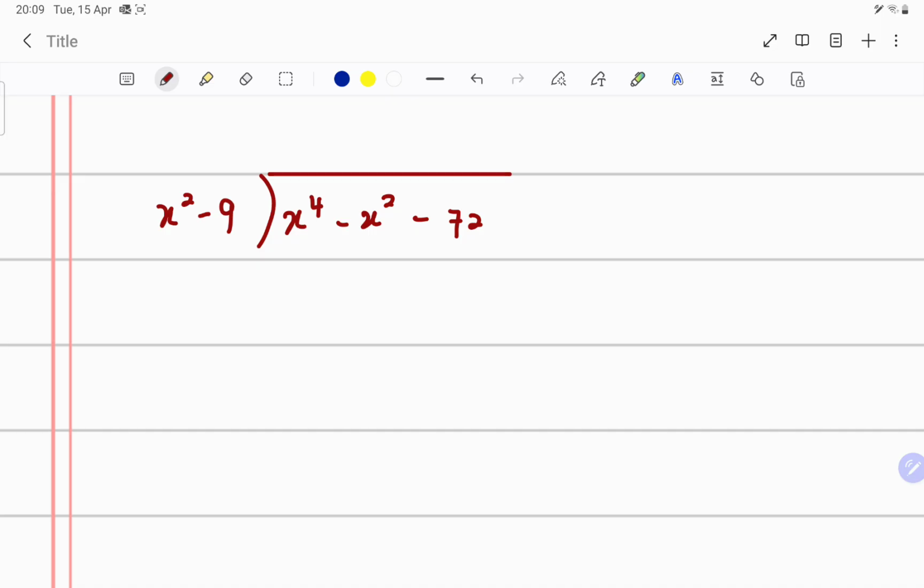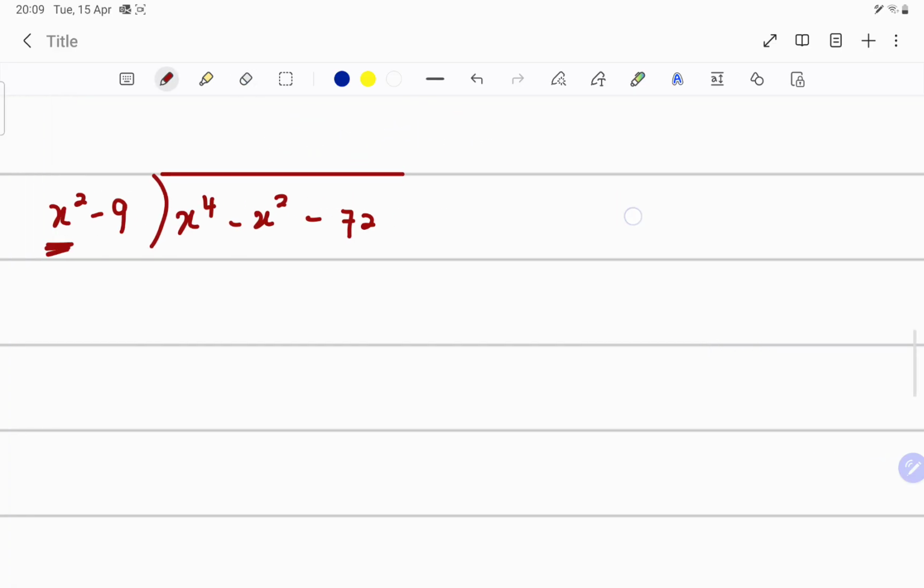For long division, first of all, you must know that this guy will be your benchmark for each of the values that you will have here. So this x squared, we need to multiply with what so that we can get the first term here, which is x to the power of 4?